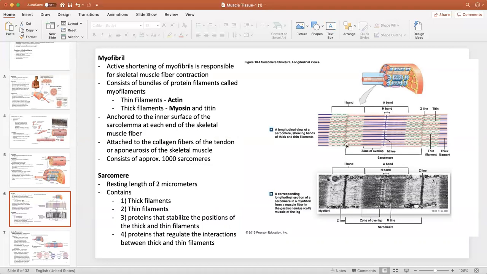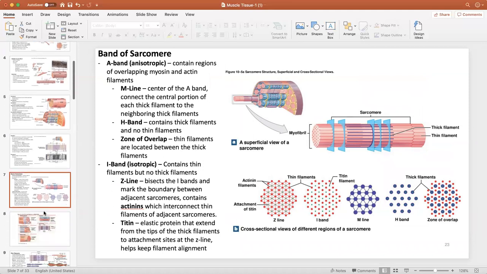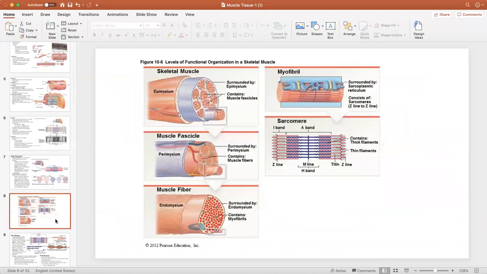You can see the sarcomeres from the Z line here to the Z line here. So get familiar with the different labeling portions, the different segments and lines there, as we go through and understand the contraction.